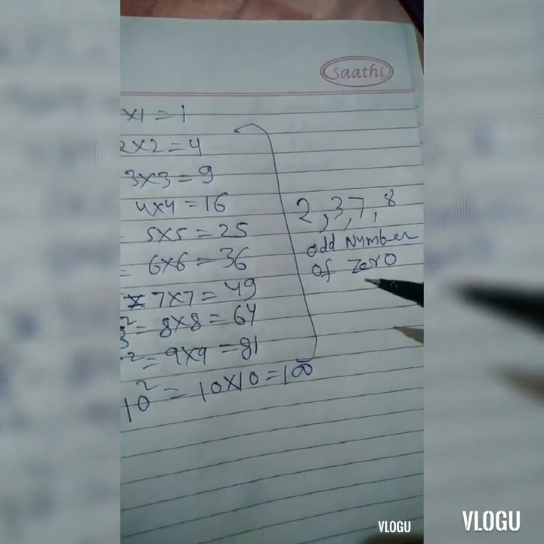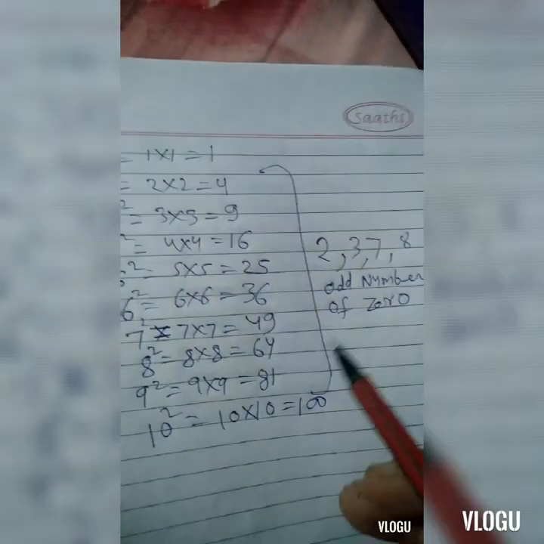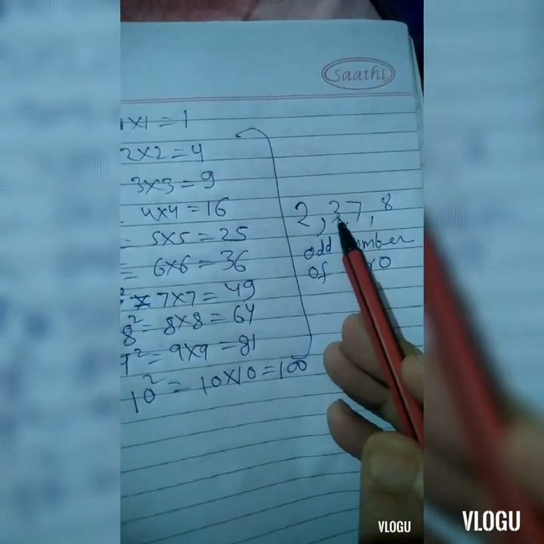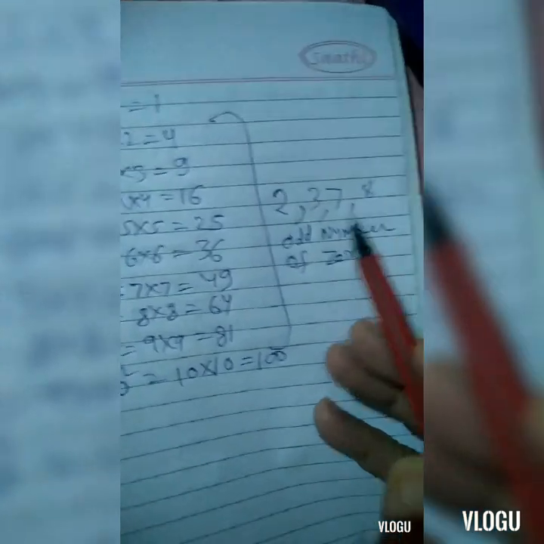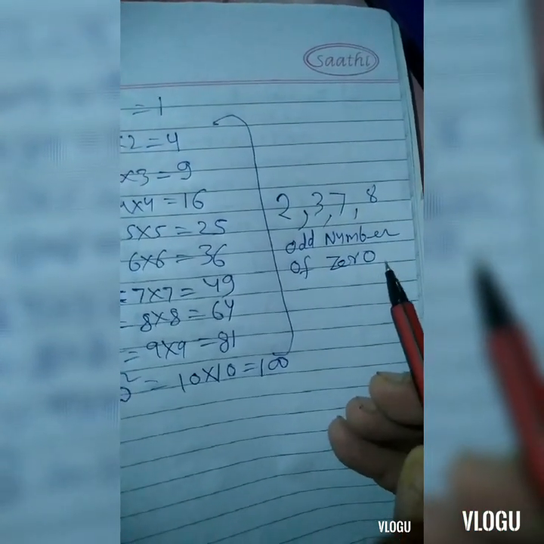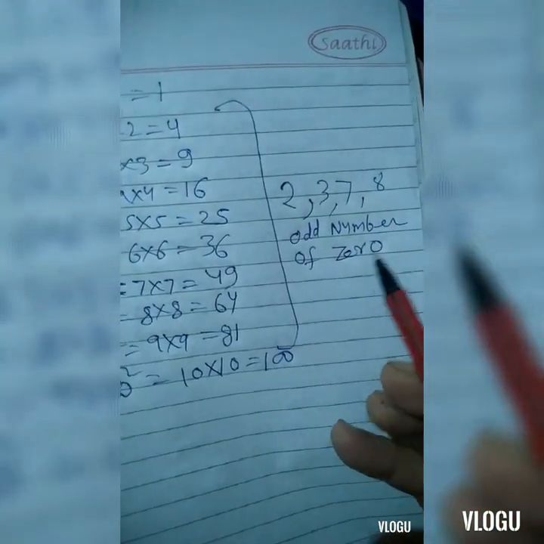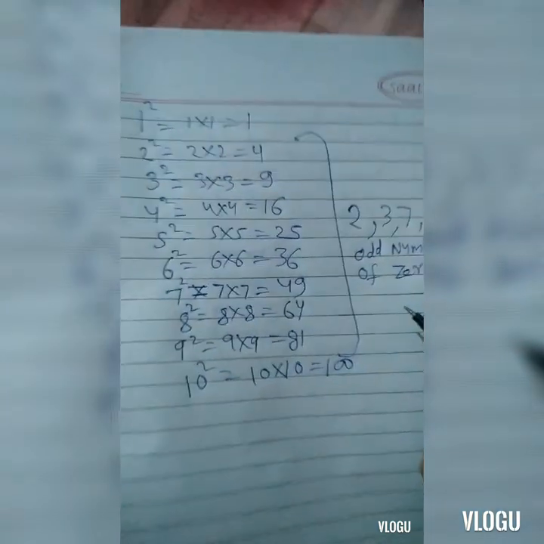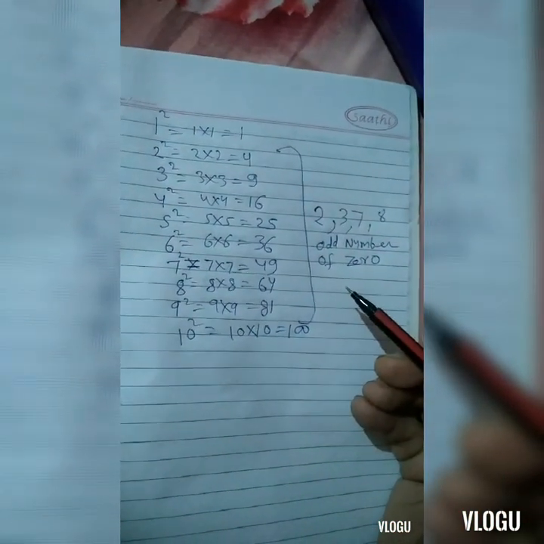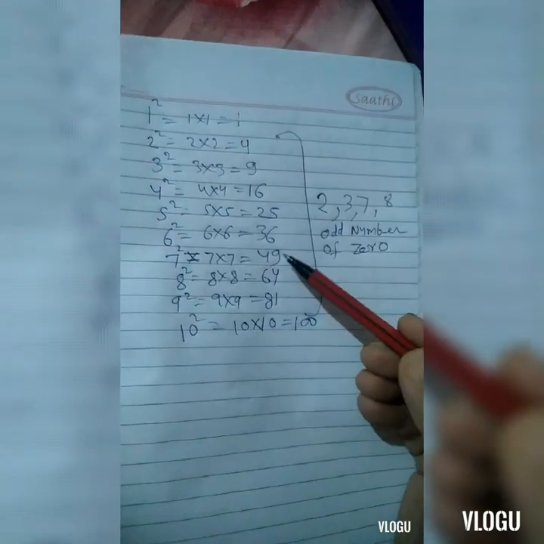If the unit place digit is 2, 3, 7, 8 or an odd number of 0s, then the given number will not be a perfect square. Okay students, now we will solve question number 2 from this.